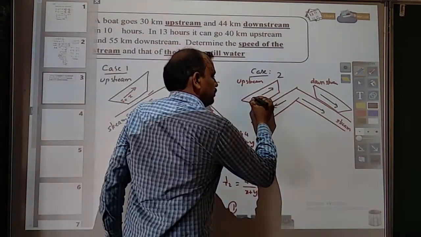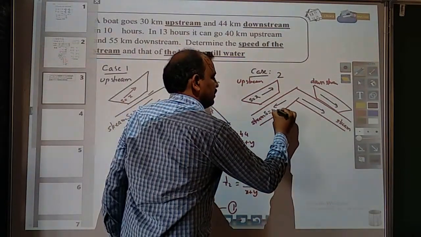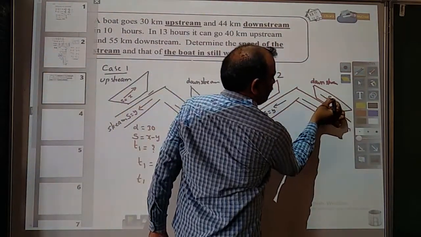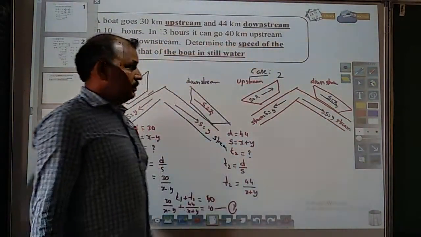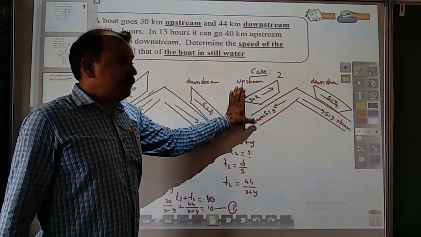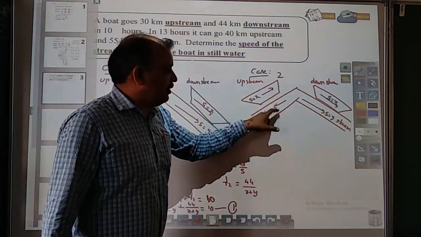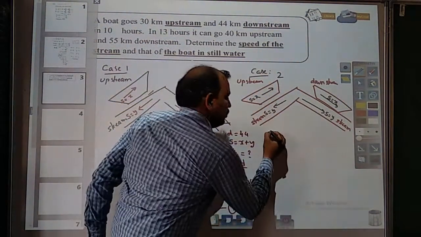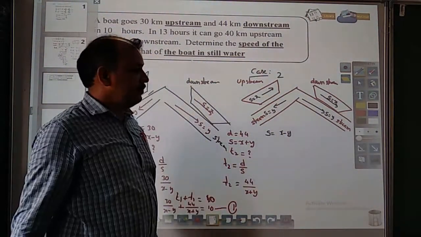Speed of the boat, let it be x. Speed of the stream, y. Here also s is equal to x, s is equal to y. So this is upstream. How do we know that? For upstream, both are in opposite directions, so s is equal to x minus y.